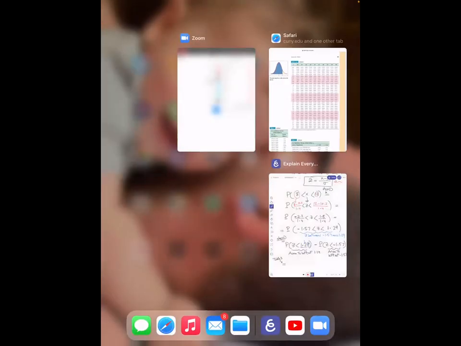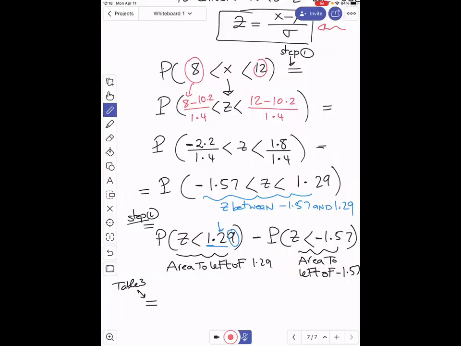So this would be 0.9015 minus the other value. Be careful because this one is negative. That's negative 1.5 for the nearest tenth, and the nearest hundredth is 0.07.